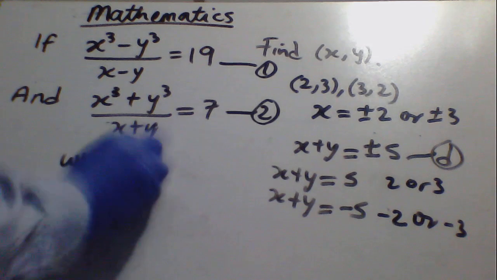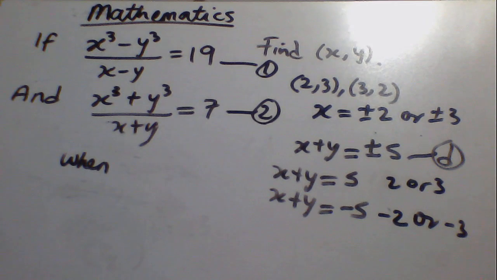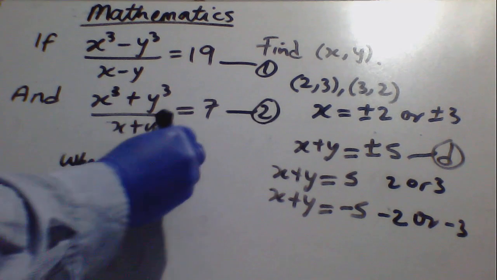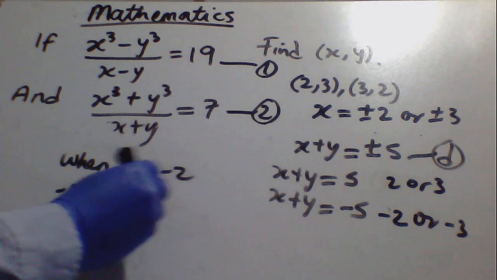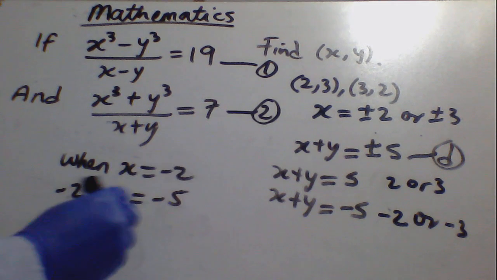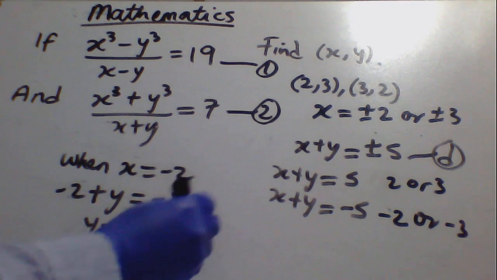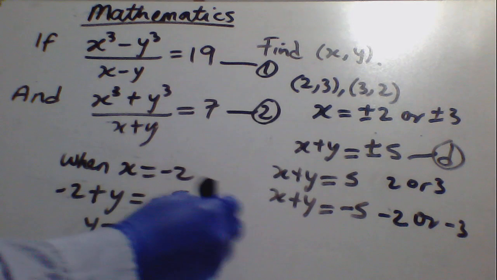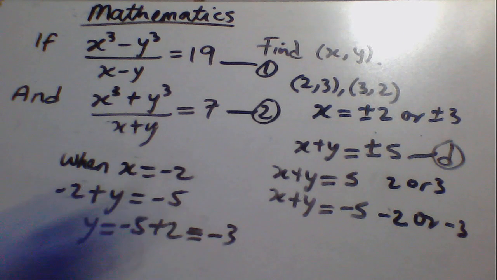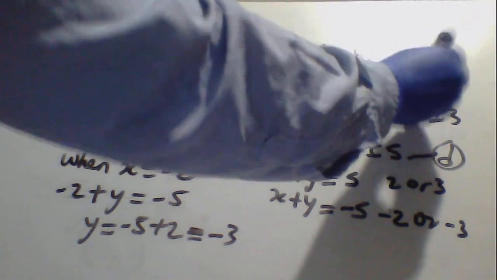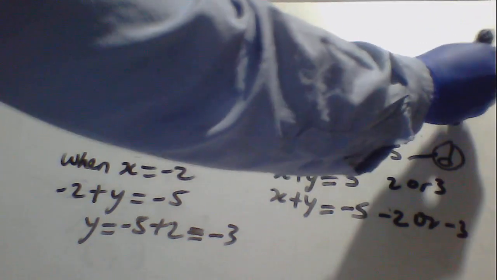So the second one, when x is equal to minus 2, we have minus 2 plus y is equal to minus 5, so that y is equal to minus 5 plus 2, and then we have minus 3. So we have minus 2, minus 3.